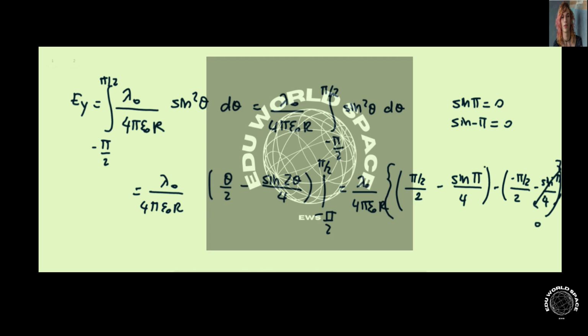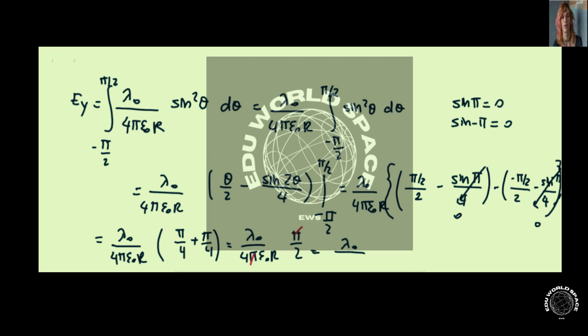These terms are going to go to 0. So all we're left with is lambda naught over 4 pi epsilon naught r times pi over 4 plus pi over 4, since two negatives make a positive, which is pi over 2. Now the pi's are going to cancel out, so we have lambda naught over 8 epsilon naught r as the magnitude of the electric field.